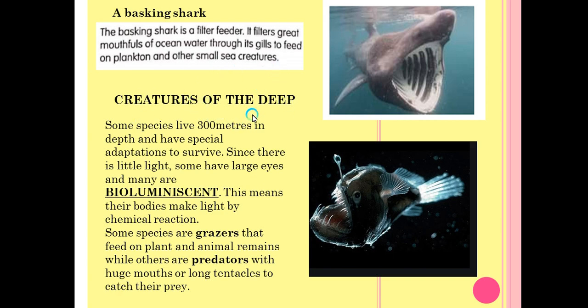Also, we have creatures of the deep. We have some species that live 300 meters deep and have special adaptations to survive, like what they have around them that makes them live in that habitat.